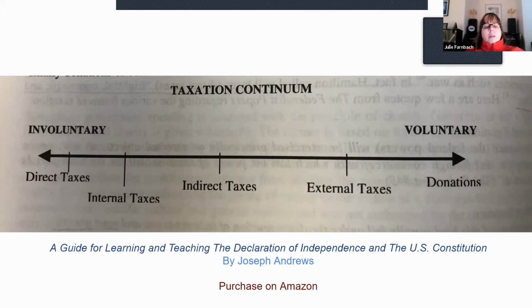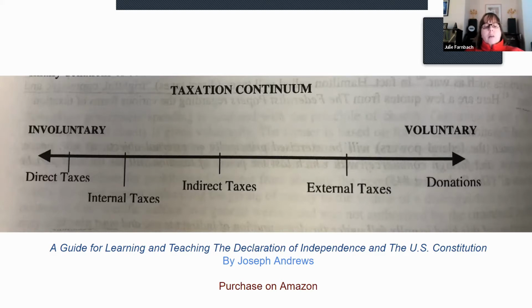So any tax that would tax supplies, factories, mechanical machinery, things that the people would need to use to run their business, all of those are considered internal taxes.